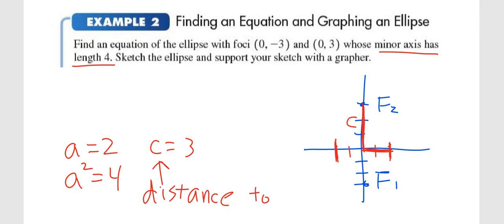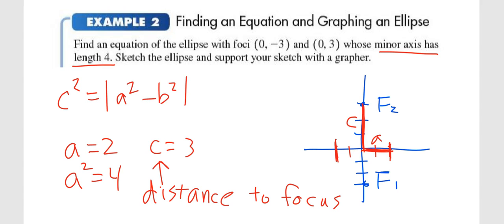If I didn't mention that enough, that's what it is. We should probably have enough information to find B, since we know that C squared equals the absolute value of A squared minus B squared. So what would you have over here on this side? 9.